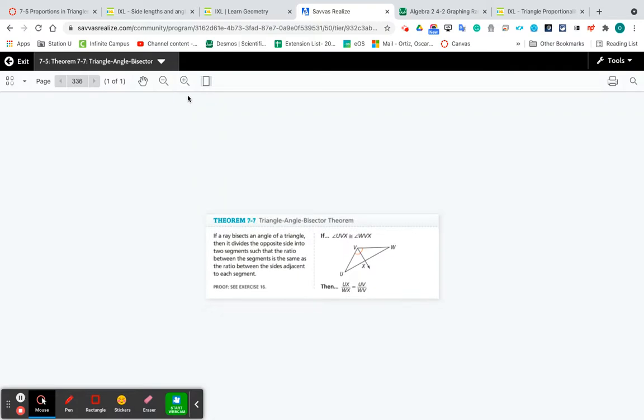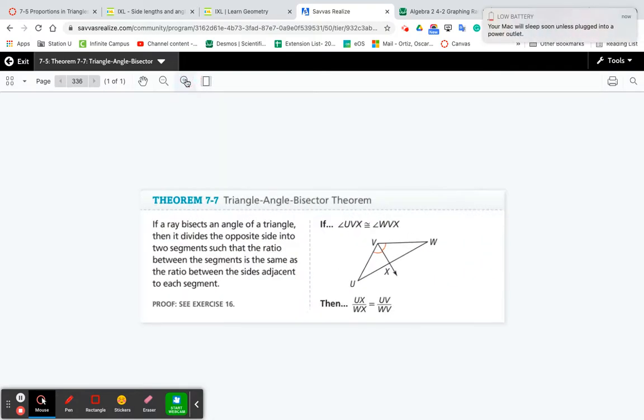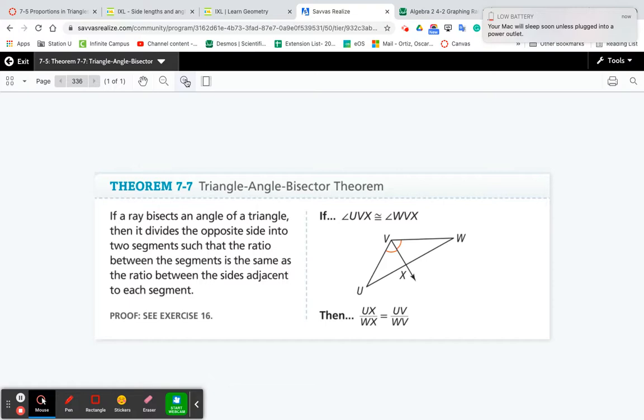You have a triangle such as this one right here, UVW, and you have a bisector. Remember, a bisector of an angle is a ray that divides that angle into two congruent angles. In this case, UVX and XVW. Those two angles are congruent.